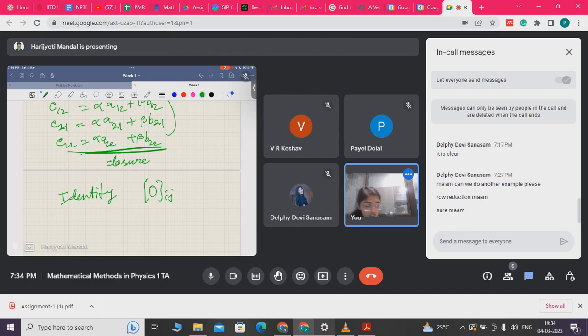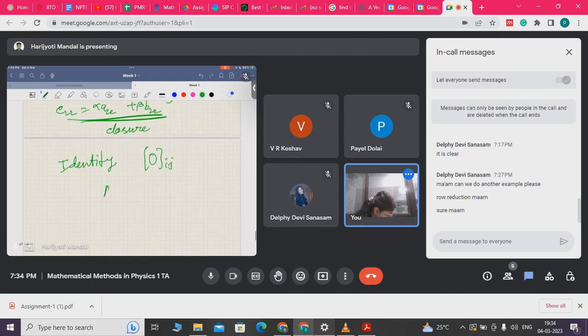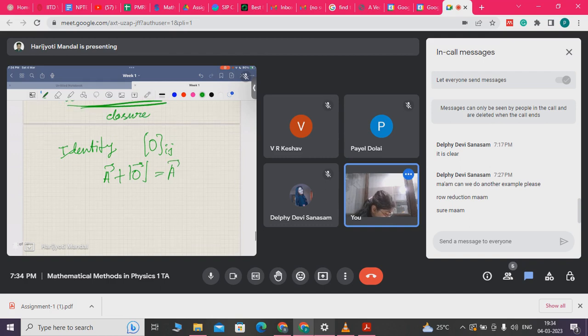Then we need to satisfy the identity rule. In most cases, the identity is the 0 matrix, 0 function or 0 vector. For a matrix A, we have to add something, 0, which gives us back A under addition.